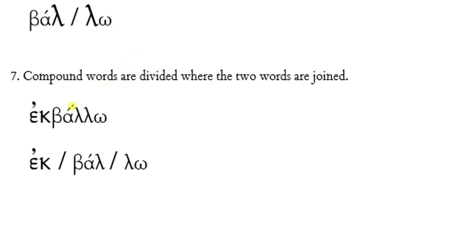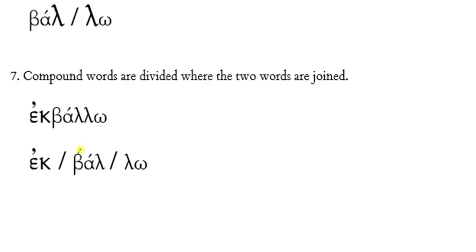Now, you don't know this word at all. Ekbalo. We just saw it a second ago. Balo means to throw, and ek is a prefix that means out. So ekbalo means to throw out. Once you learn ek is a common prefix and you know the word balo, then you can clearly see I would divide right there between the ek and the ball.